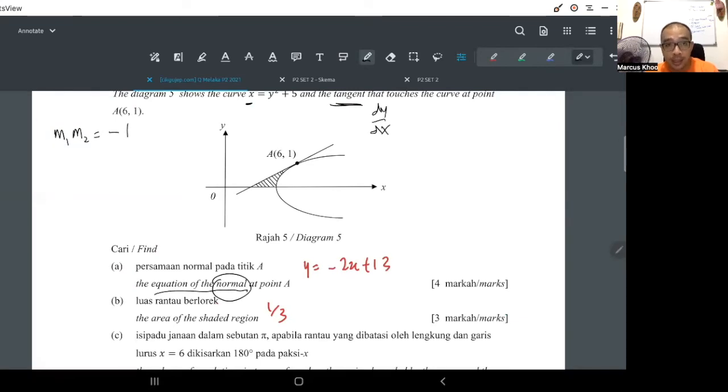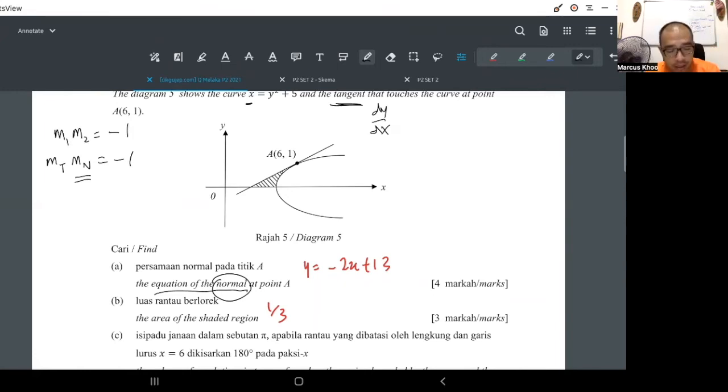Or in this case, I always write the gradient of the tangent times the gradient of the normal equals -1. So you want to find the equation of the normal, so you have to find the gradient of the normal. But in order to find the gradient of the normal, we need to find the gradient of the tangent. So how do you find the gradient of the tangent? You use dy/dx.